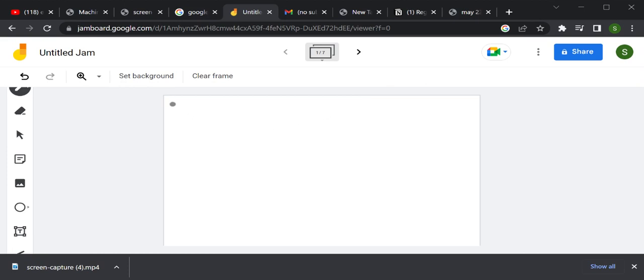Suppose we have to find the cost of laptops.